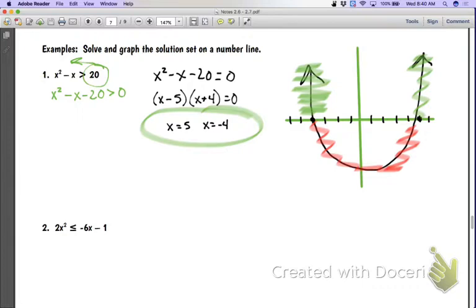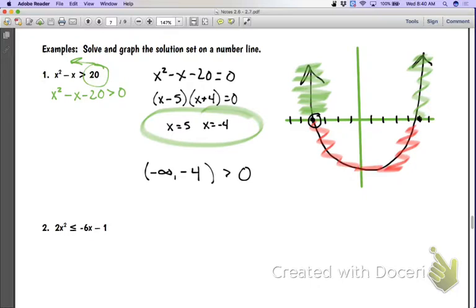If I've got 3 different intervals, from negative infinity to where, is it above 0? Is f of x bigger than 0? Where's my boundary point here?